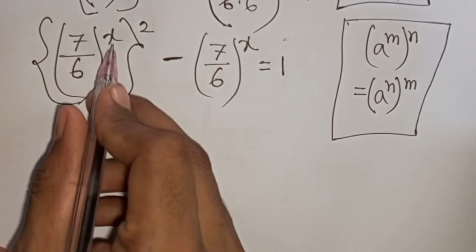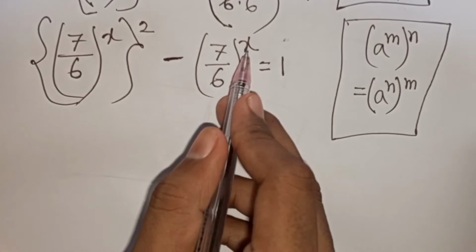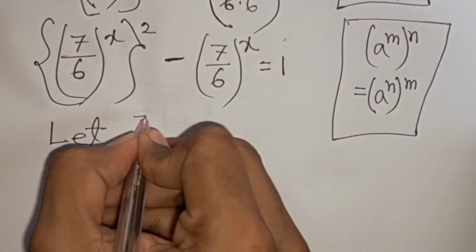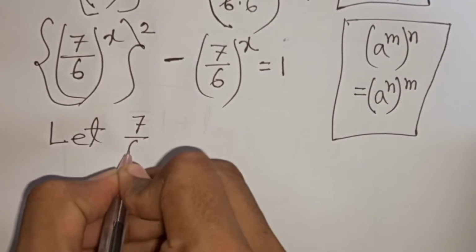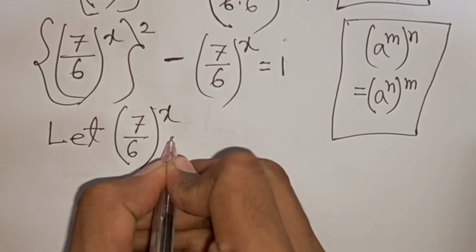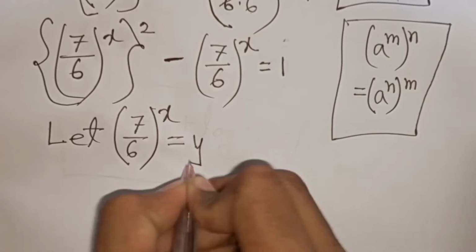Now we see 7 by 6 bracket power x and 7 by 6 bracket power x, both terms are the same. So let 7 over 6 bracket power x be substituted by y.